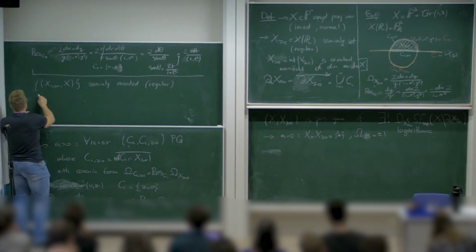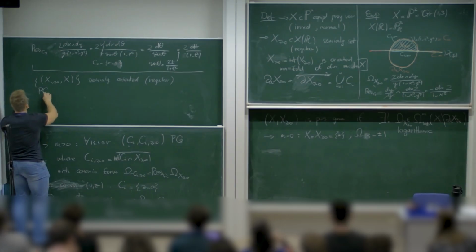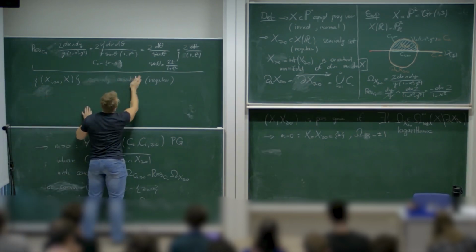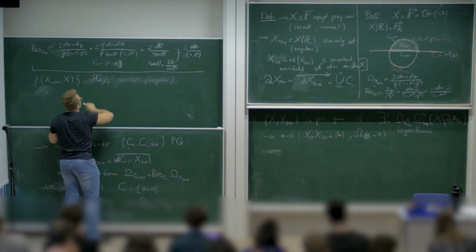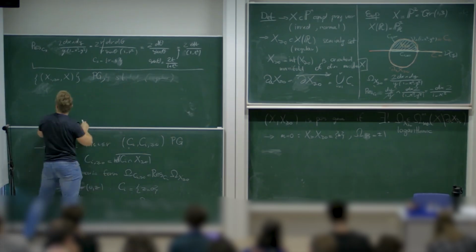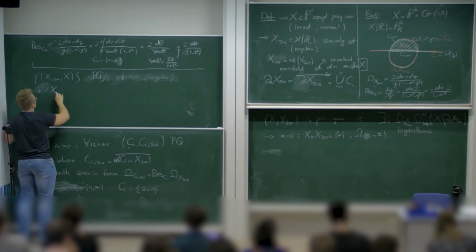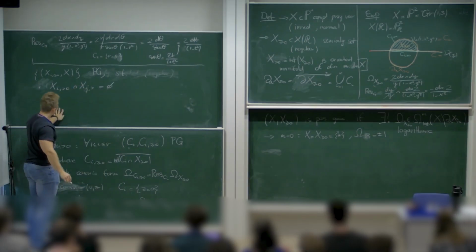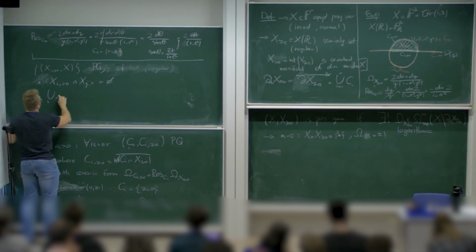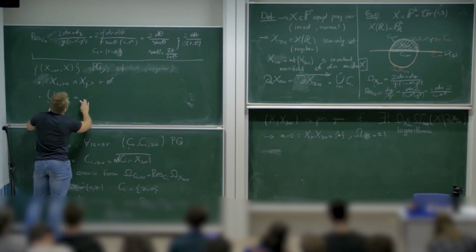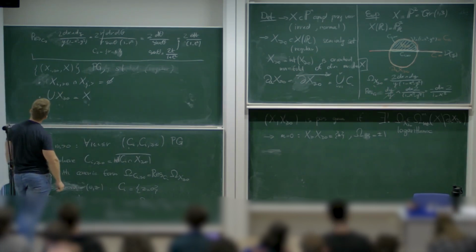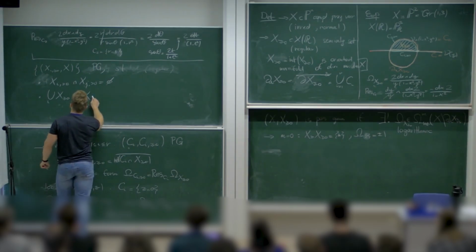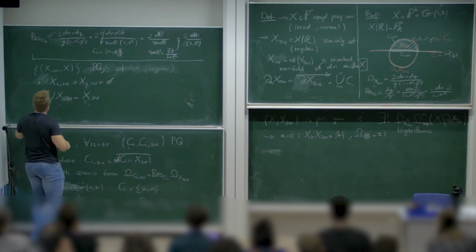Let me say that these are a collection of positive geometries such that their interiors pairwise do not intersect, and their union is some set X greater than 0.